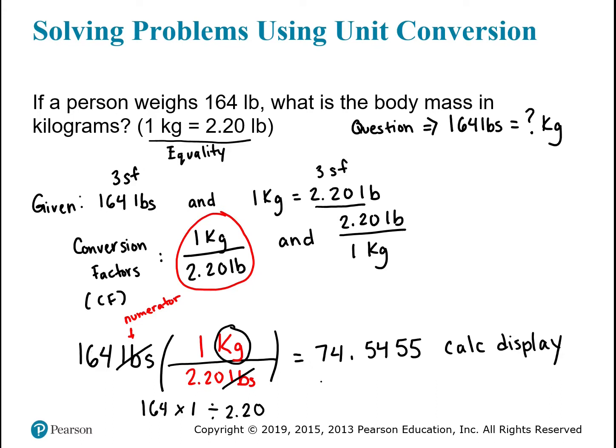So our answer must have 3 sig figs. Our last retained digit will be this 5. We look at the 4 next door and determine if we're going to round up or just drop everything off. 4 is 4 or less, so we're just going to drop everything off.